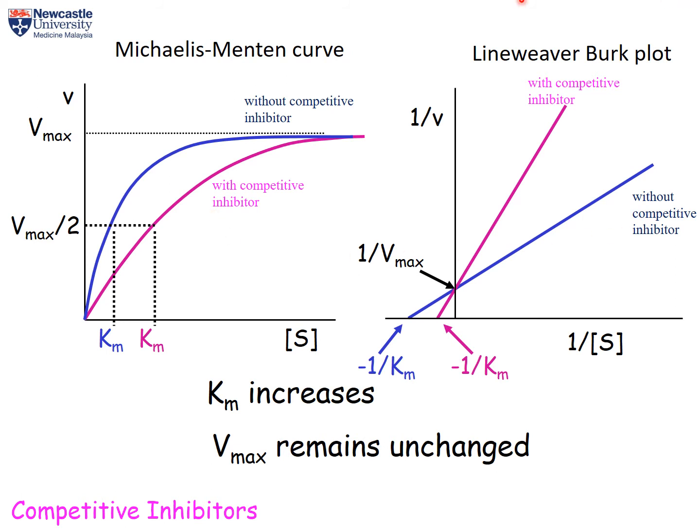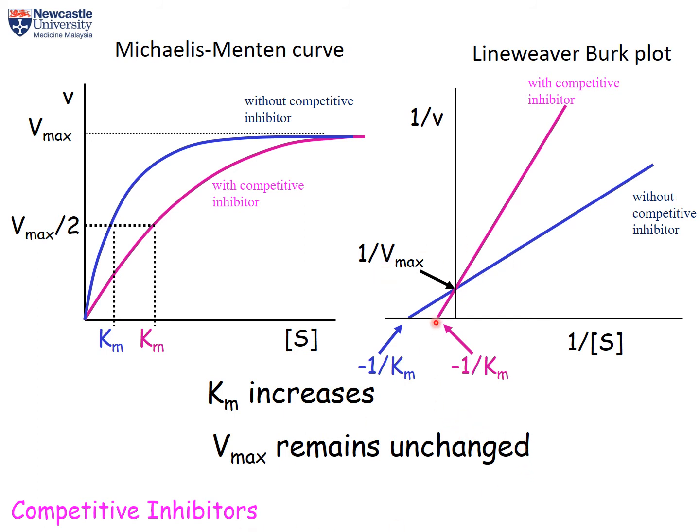Now, over the right-hand side, this plot is known as the Lineweaver-Burk plot, which is a double reciprocal plot of the Michaelis-Menten curve. On the y-axis, you have 1 over V, and on the x-axis, 1 over S. If you look at the y-intercept, 1 over Vmax, it is a constant with or without the competitive inhibitor, which means Vmax remains unchanged.